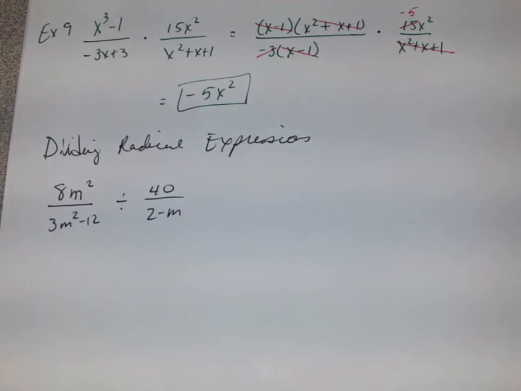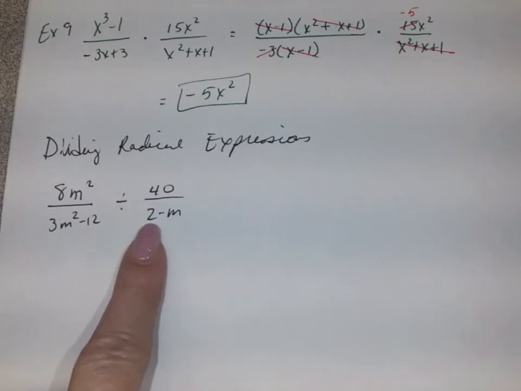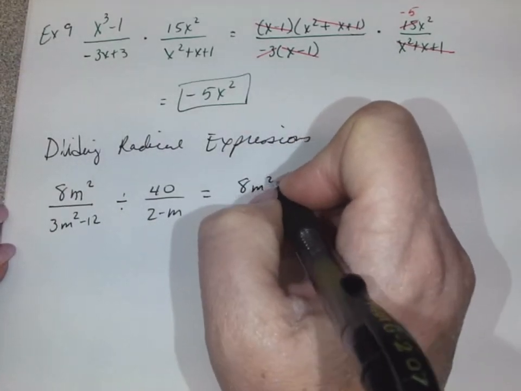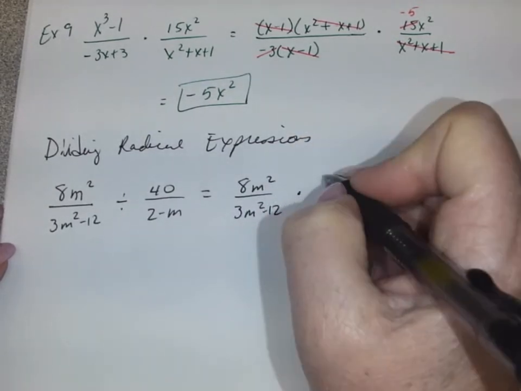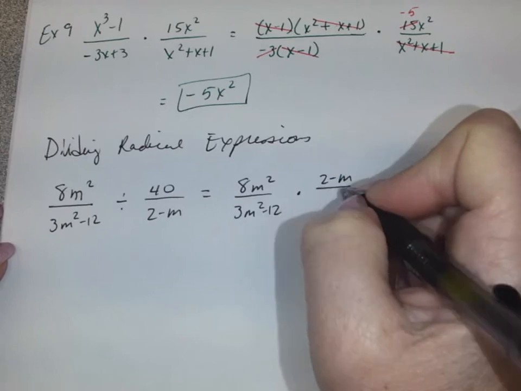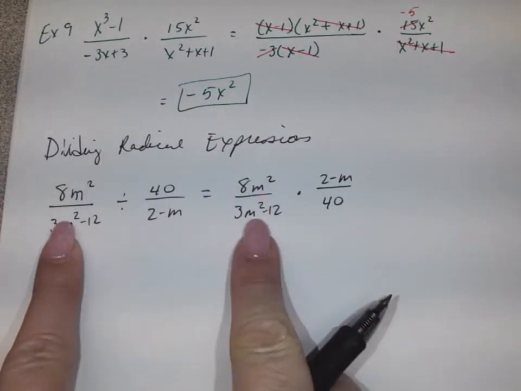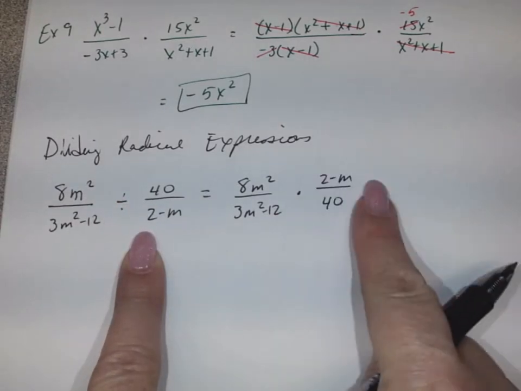The very first thing you have to do is change this to multiplication. Remember, we don't divide by fractions, we multiply by reciprocals. So this will be 8m squared over 3m squared minus 12 times 2 minus m over 40. So I leave the first fraction the same, but the second one becomes times the reciprocal of it.